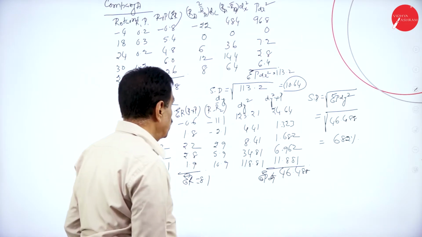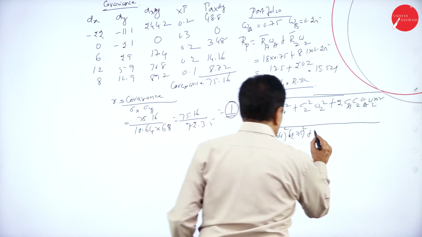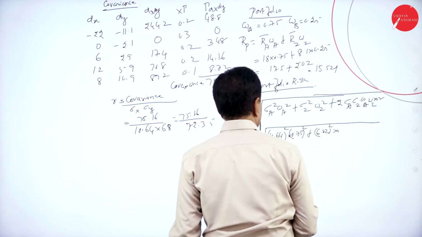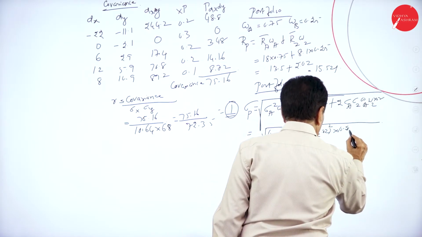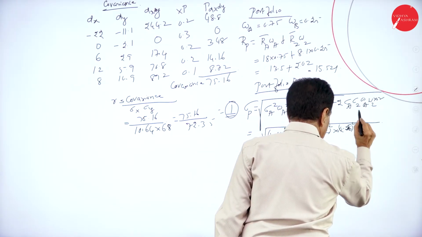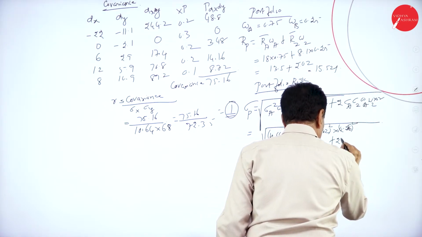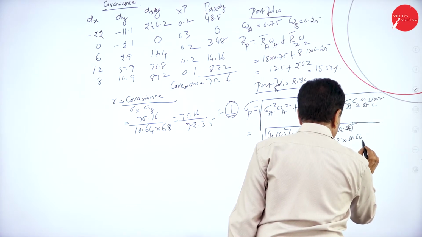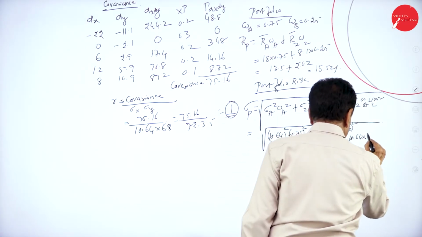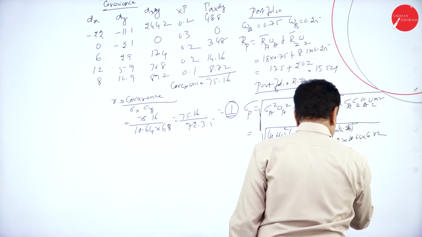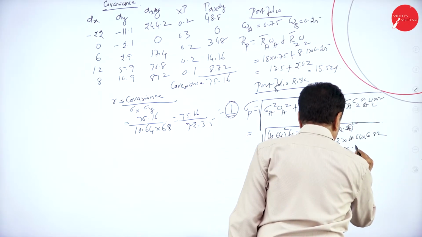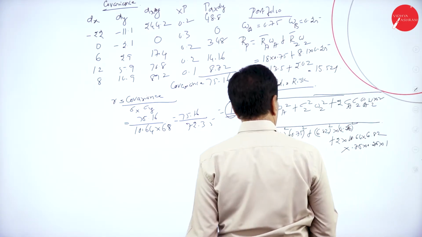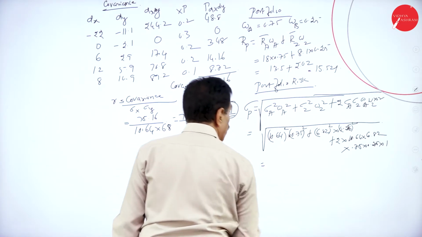What is standard deviation Z? 6.82 whole square into weight 0.25 whole square, plus 2 into 10.64 into 6.82 into 0.75 into 0.25 into 1, R.